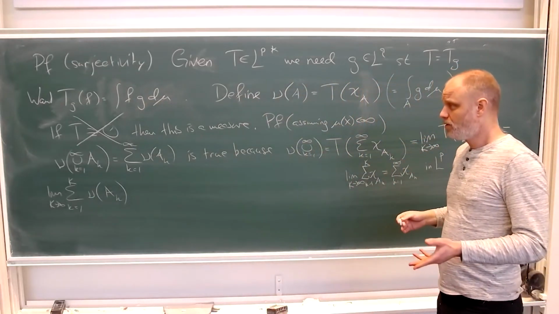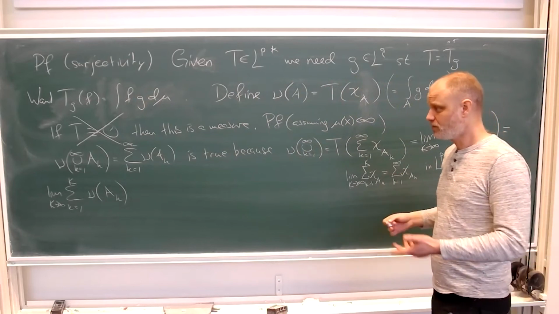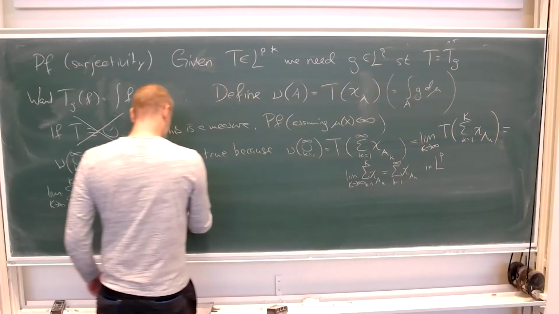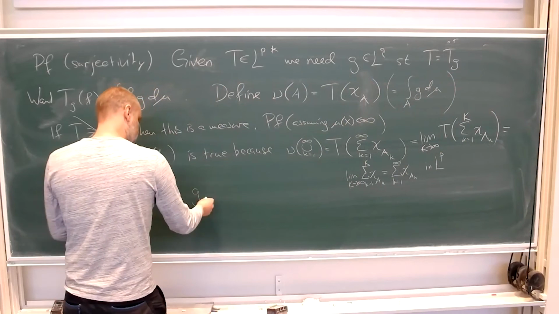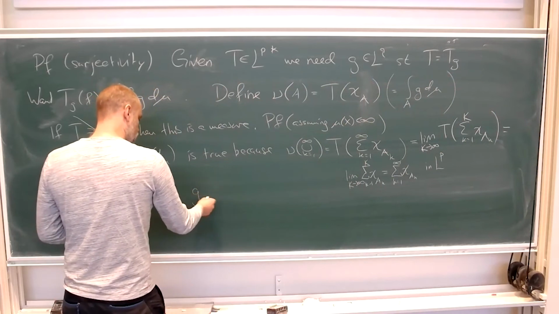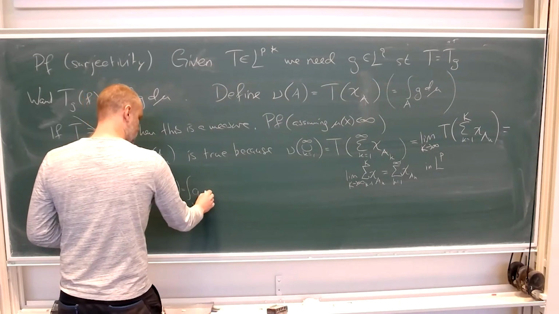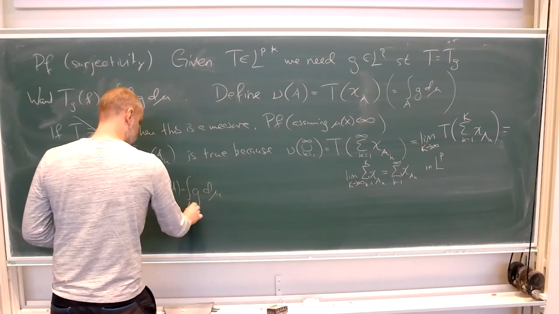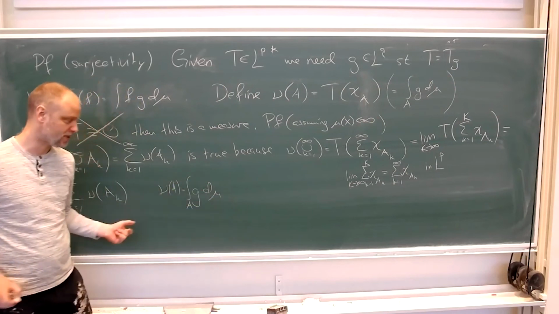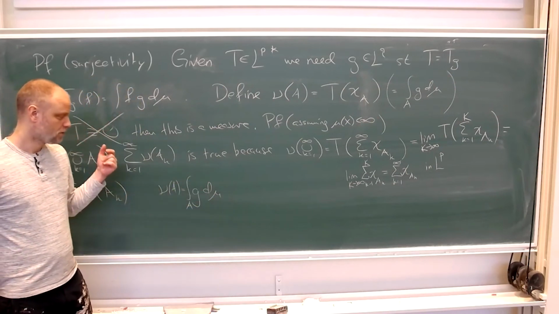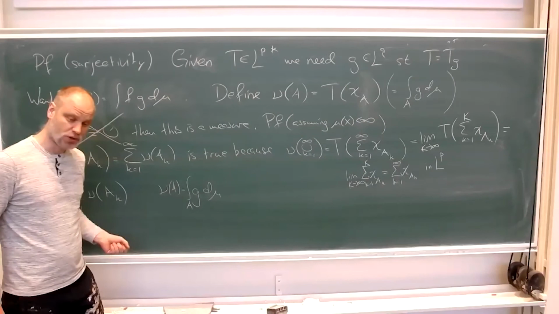Not all measures are of that form. So we said that if you have a function g and a measure mu, then you can define a measure by setting this, right? It's possible to define a measure like this. But not all measures arise like this.